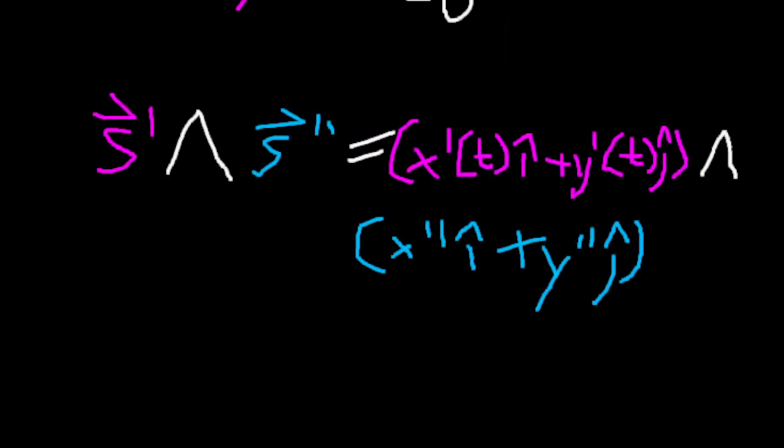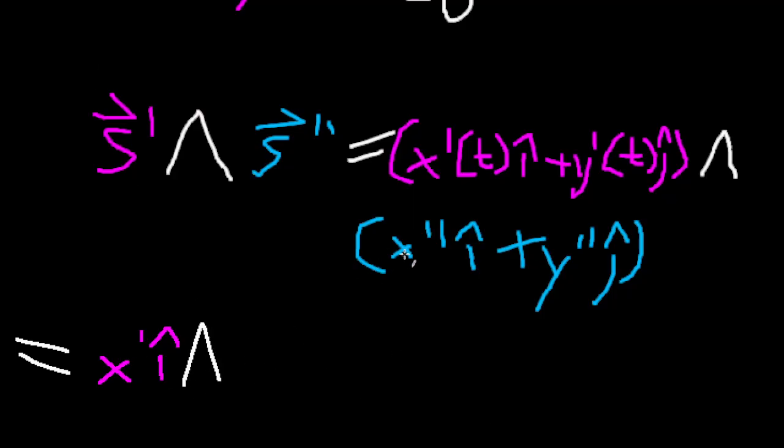And we'll just go ahead and distribute it out. So let's write another equals down here. Okay. So x prime times i hat, now this is what we're going to be wedging with x double prime i hat.